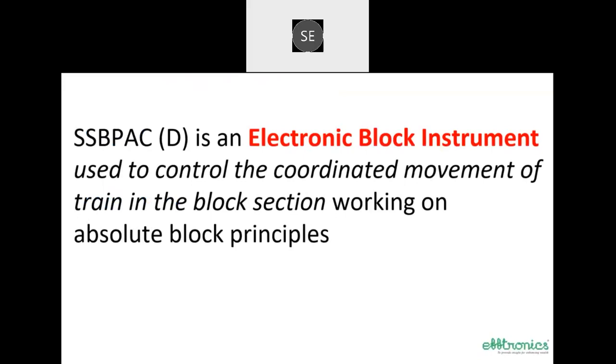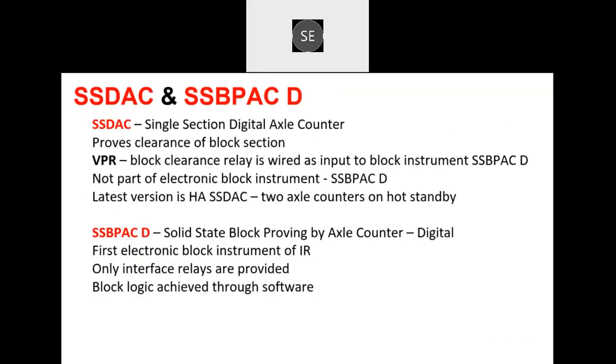We all know that this is an electronic block instrument used to control the coordinated movement of trains in the block section, working on absolute block working principles. Before we move on, let's look at the basic difference between this block instrument and SSDAC. SSDAC is a digital axle counter used for proving clearance of the block section, whereas SSBPAC is an electronic block instrument.